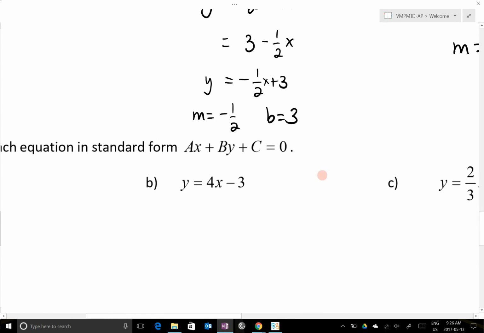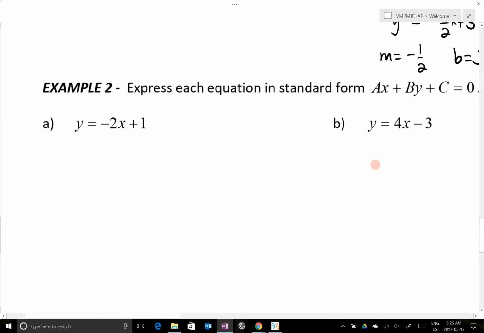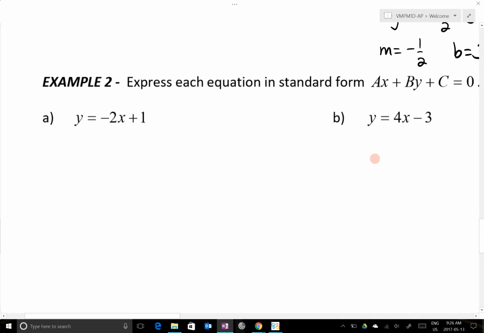What about the other way? What about turning slope and y-intercept form into standard form? So now you have to move everything back to the left and make the right side equal to 0. Okay, so if I move everything back to the left, I'm going to have positive 2x plus my y value there, and I have minus 1. Okay, and that's equal to 0.